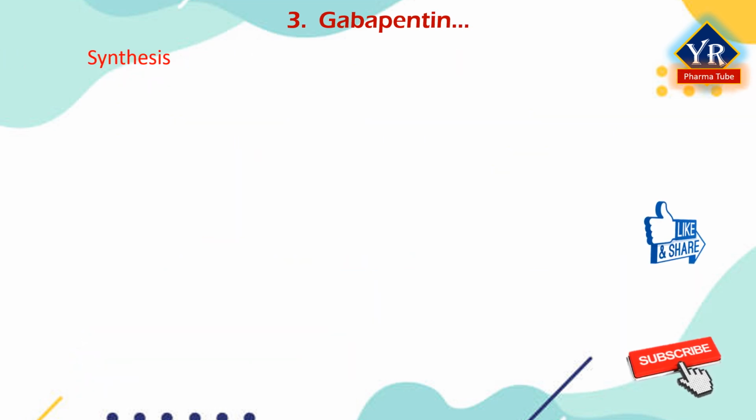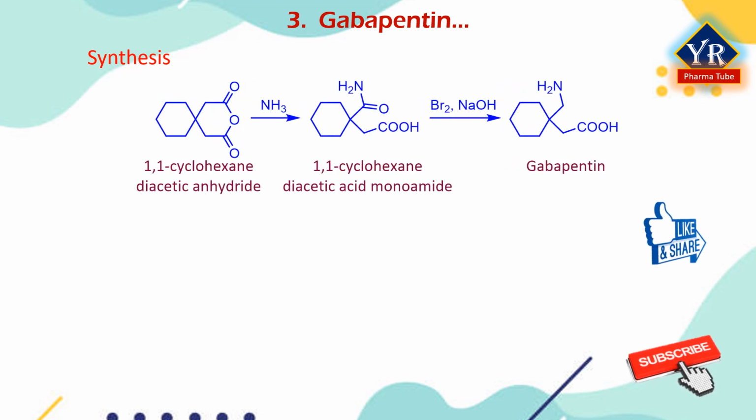A process for chemical synthesis and isolation of gabapentin with high yield and purity starts with the conversion of 1,1-cyclohexane diacetic anhydride to 1,1-cyclohexane diacetic acid monoamide. This is followed by a Hofmann rearrangement reaction in an aqueous solution of sodium hypobromite, which leads to the formation of gabapentin.